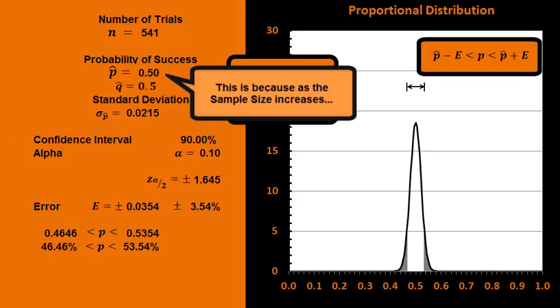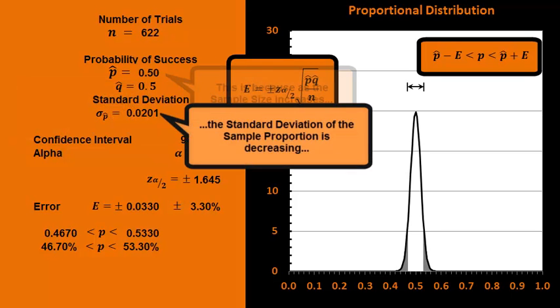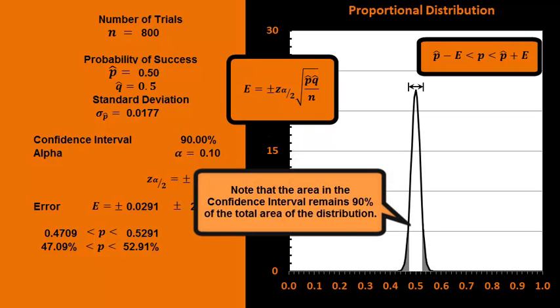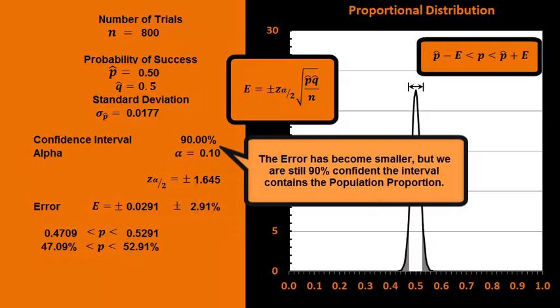This is because as the sample size increases, the standard deviation of the sample proportion is decreasing, making the distribution narrower and taller. Note that the area in the confidence interval remains 90% of the total area of the distribution. The error has become smaller, but we are still 90% confident the interval contains the population proportion.